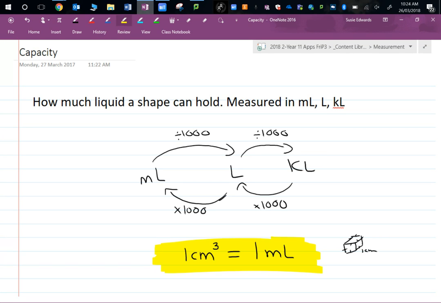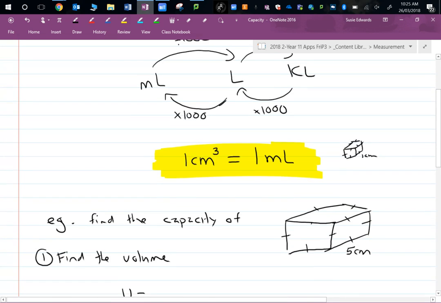So if you can convert down to the amount of cubic centimetres, then you should be able to work out how many mils there are because it's just the exact same number. Does that make sense? So 1 cubic centimetre equals 1 mil, and you can rearrange from there. It's just divide by 1,000 to go up, times by 1,000 to get to the smaller amounts. Any questions?